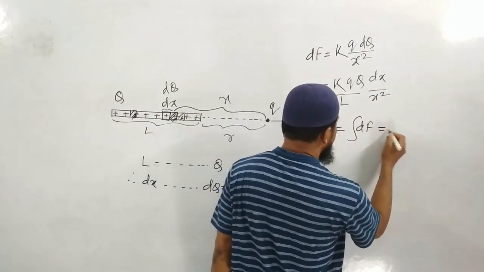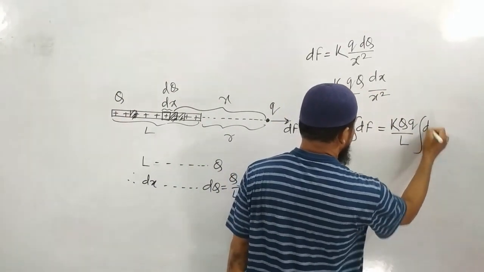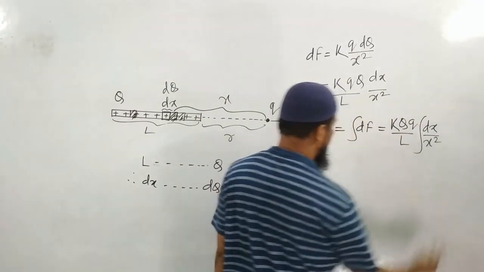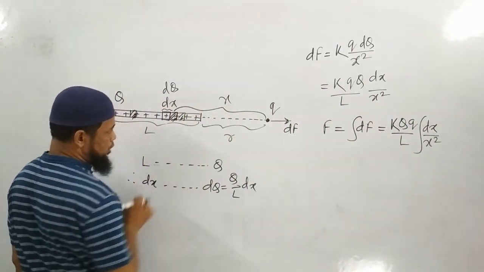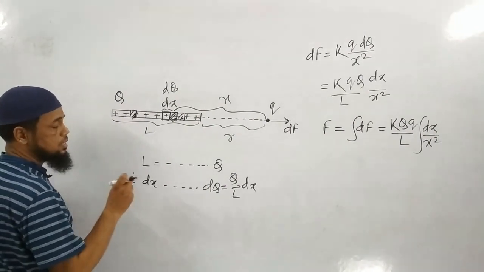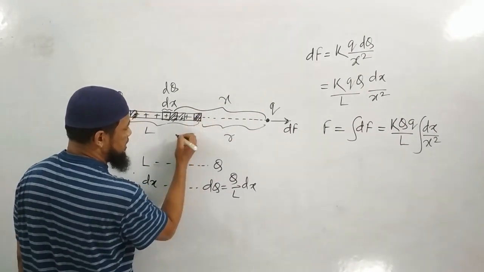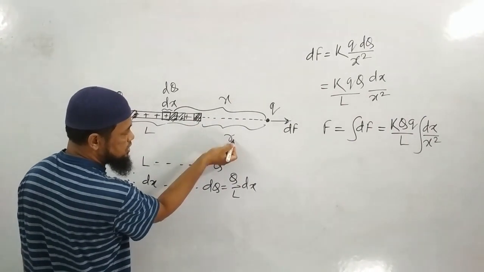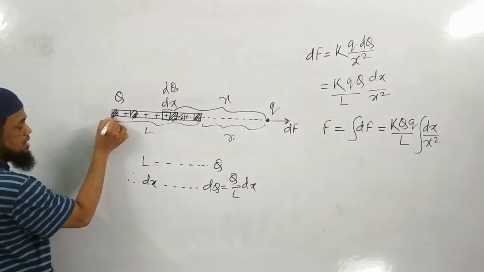So this will become K capital Q small q by L integration dx by x square. What is x? The distance of these elements from the point charge. Where is the nearest element? This is the nearest element. At what distance is it? It is at a distance r. Where is the farthest element? The farthest element is here.